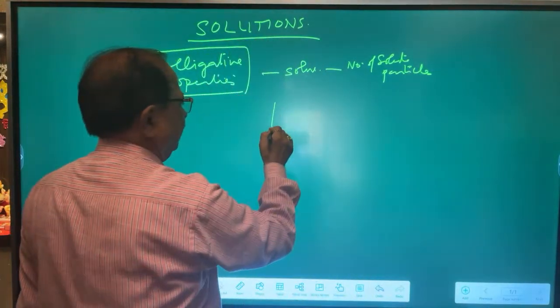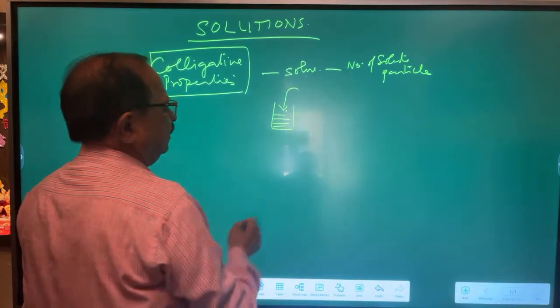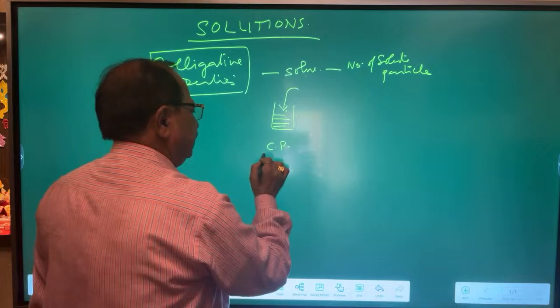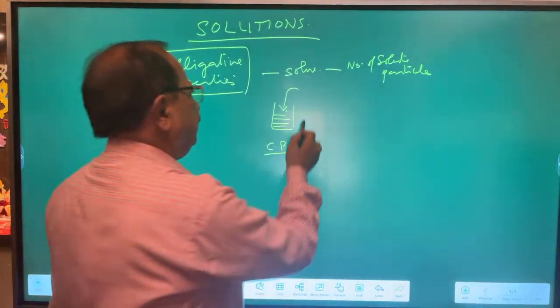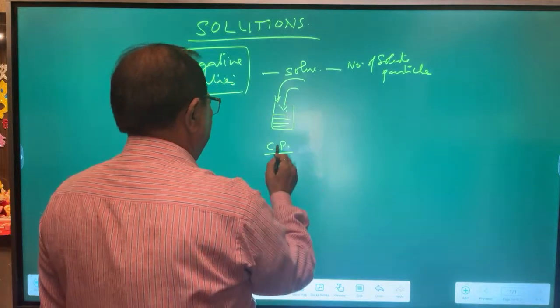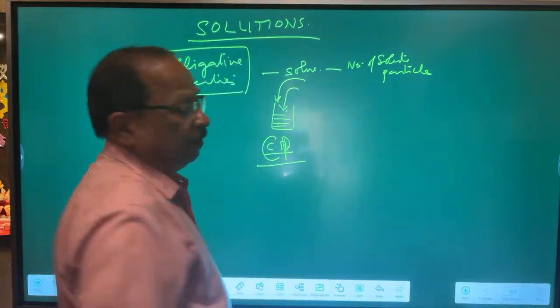Suppose I have a liquid and I am adding some solute particles to it, there will be some qualitative properties which will be observed by us. And if I add more solute, then the value of the qualitative property will become more.